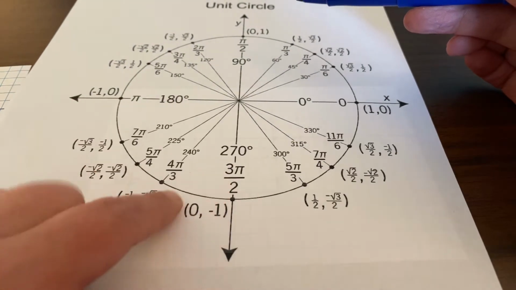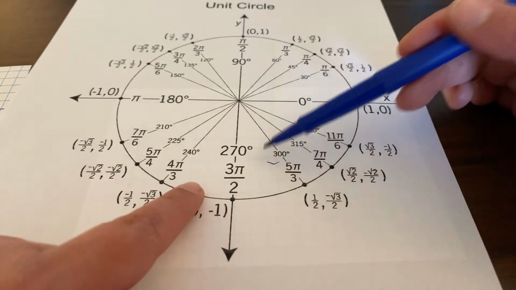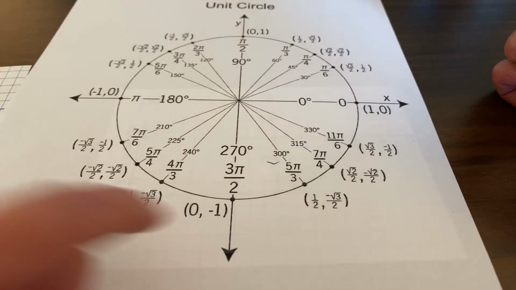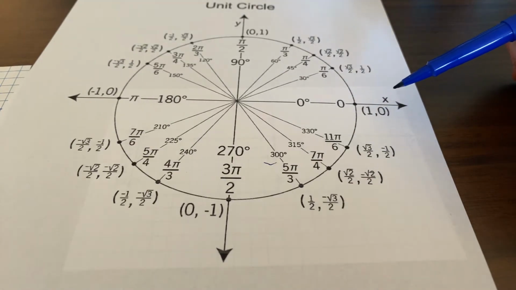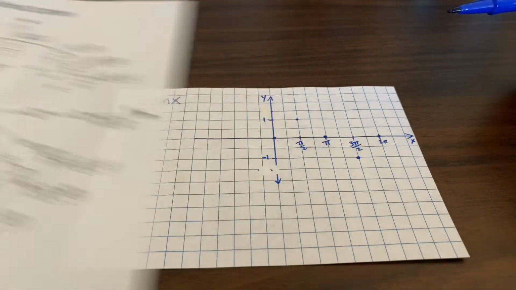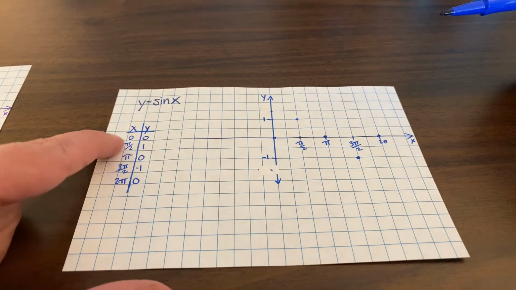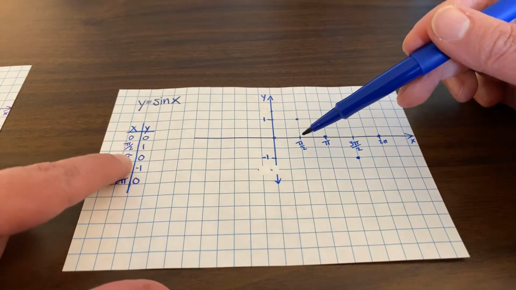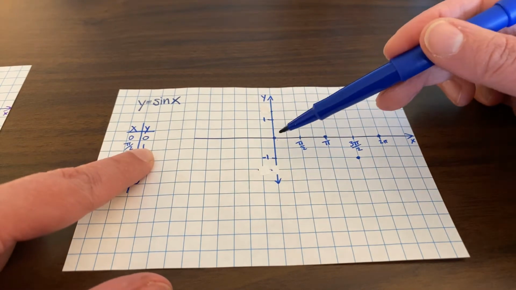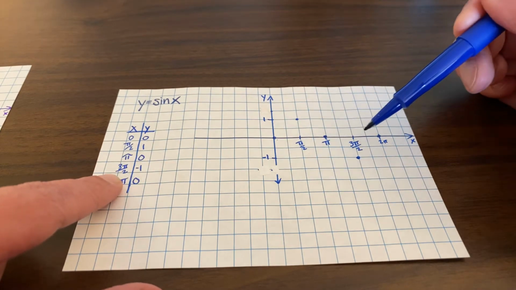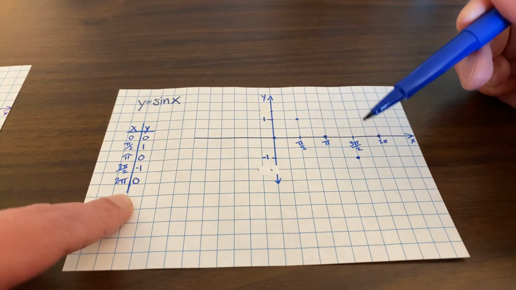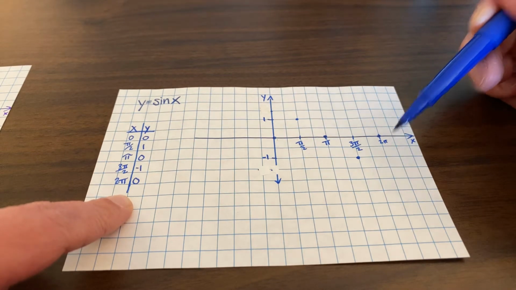At 3 pi over 2, the sine of 3 pi over 2 is negative 1. Right, and if we go back to 2 pi, the sine of 2 pi is 0. So I have this little chart, right, 0, 0. Pi over 2 corresponds with 1, and so I plot that point here. Pi is 0, 3 pi over 2 is negative 1, and 2 pi is 0.